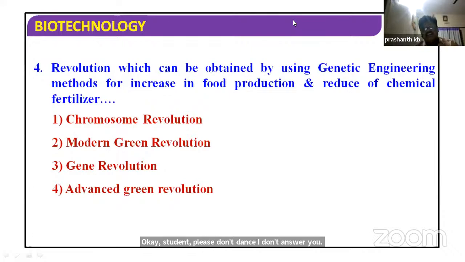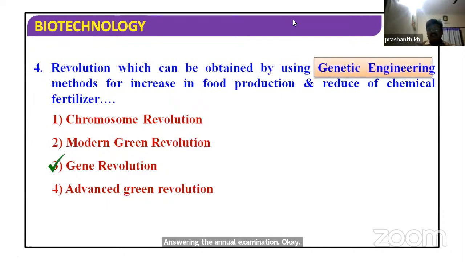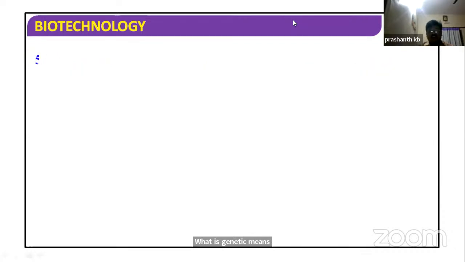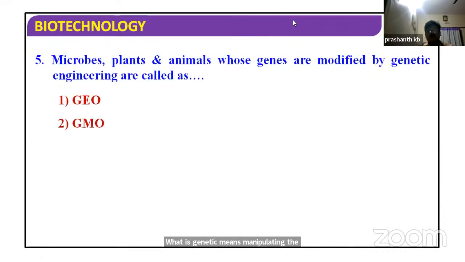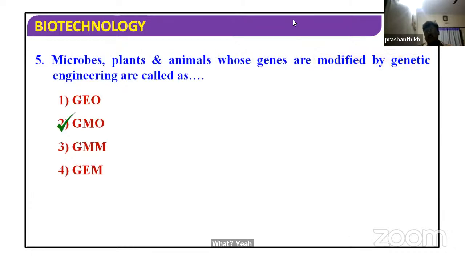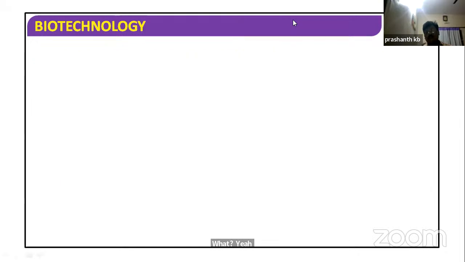Okay, genetic engineering method means, what is genetic means? Manipulating the DNA. Gene revolution it is called. Microbes, plants and animals whose genes are modified by genetic engineering are called as GMO, genetically modified organism.